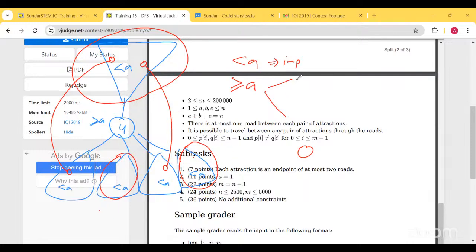The rest size of the subtree of u, after we remove this and this, if this is greater than or equal to b, it means we can take b here and a here. And the other case is when the rest is still greater than or equal to a.